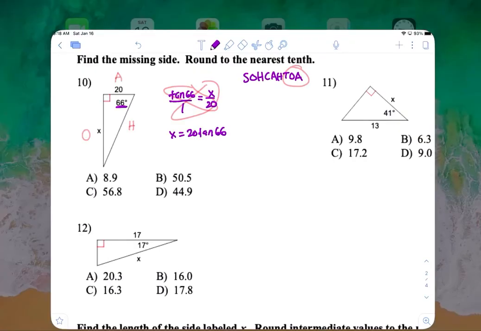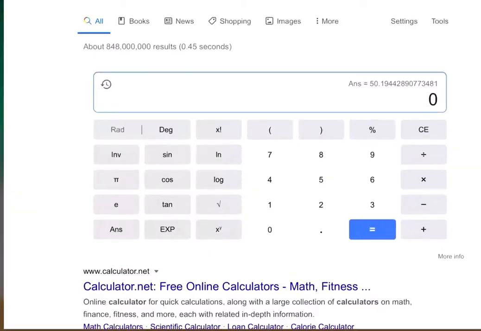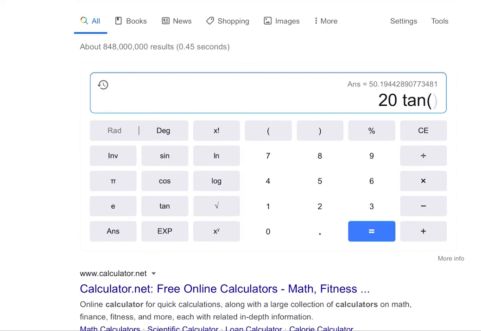Put this in your calculator. So it was 20 tan of 66.